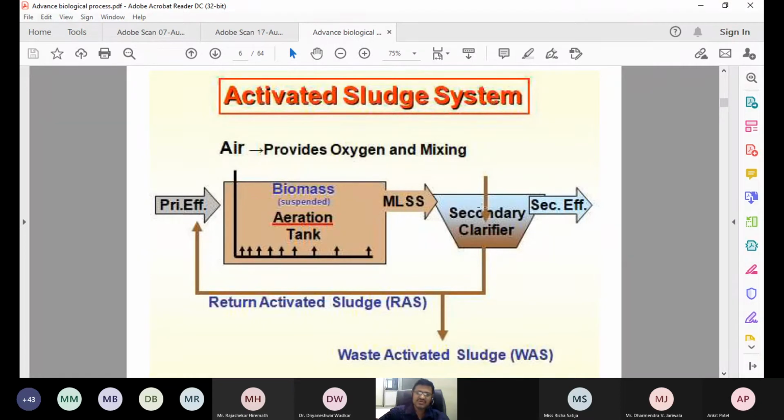So if we return more activated sludge or more bacteria, let us say 4 people are in one room. Now if we allow more people to come, though no food is left, they will consume more oxygen.